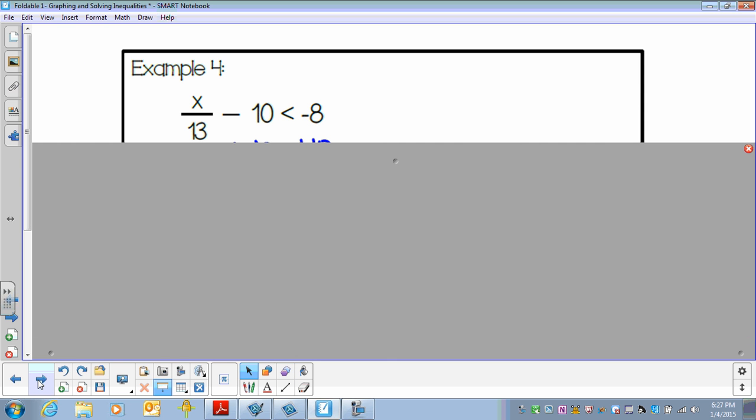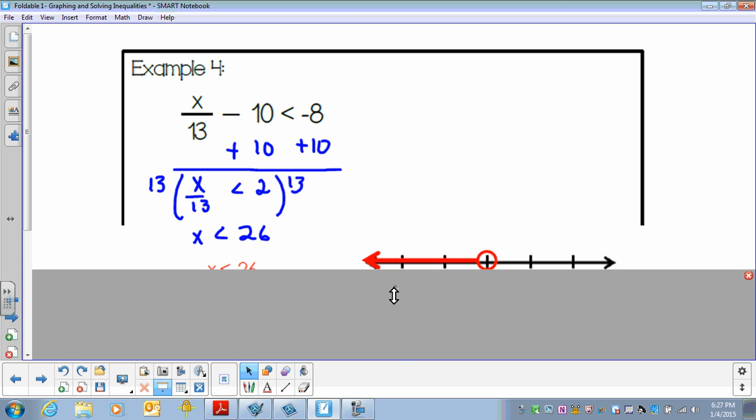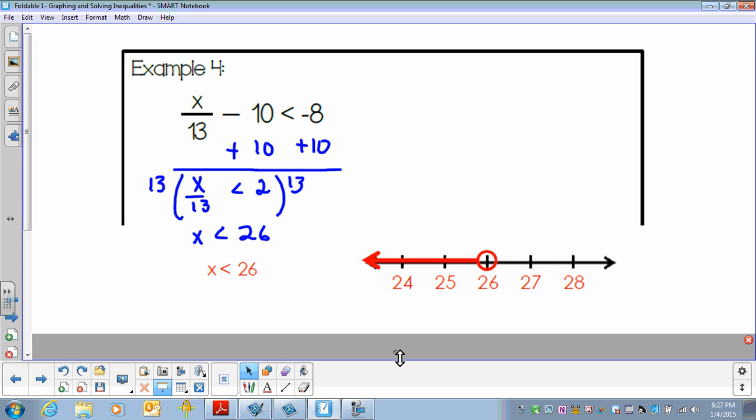Example 4. x over 13 minus 10 is less than negative 8. Add 10 to both sides, then multiply by the denominator, and that leaves x is less than 26.